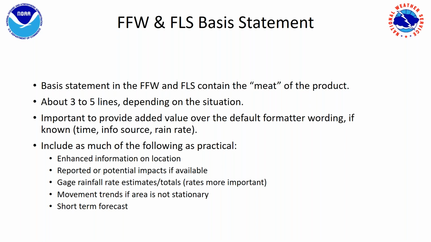The rates are more important than the total rainfall that occurred, because it's really the rainfall rate that drives flash flooding incidents. Not so much the storm total amount over a day or two. That's less important than the rate, and you want to convey that information to the public.